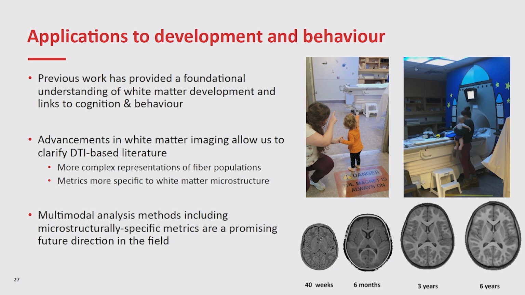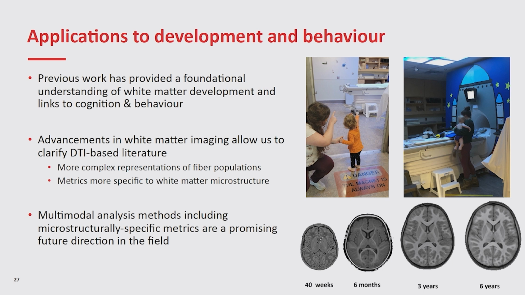So I think both can be true at the same time. Let me give a little toy example. Say FA represents myelin and MD represents axon packing or axon density. We can concurrently see changes in both: increases in FA representing myelin and decreases in MD representing axon density.